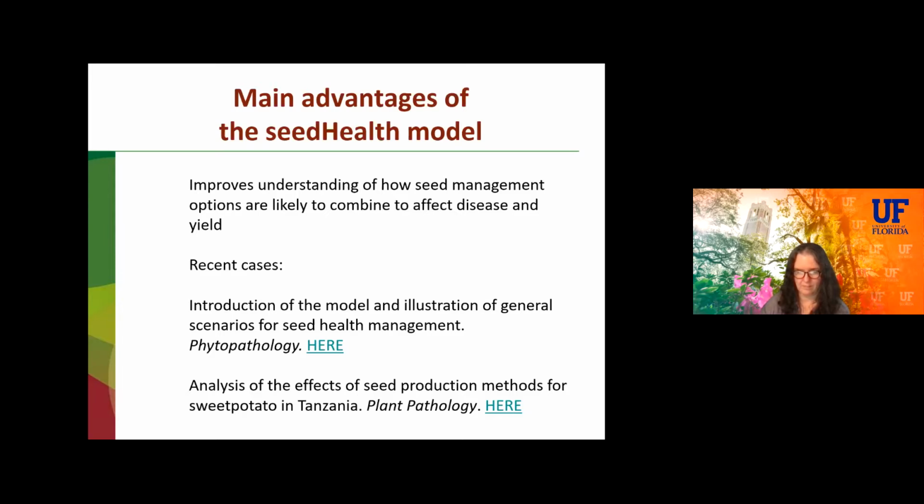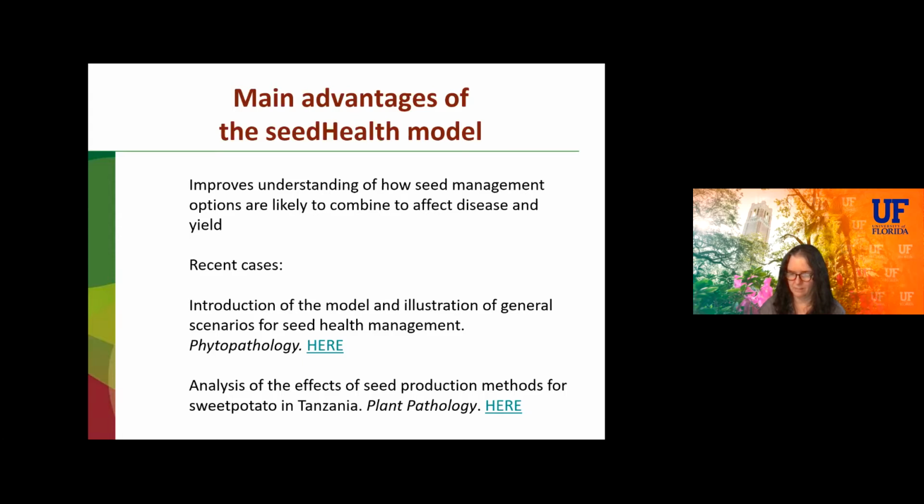Some recent cases that describe this are listed here with a link. First is an introduction to the model, describing how it was constructed and illustrating a lot of general scenarios for seed health management, showing how there are trade-offs in choosing among management strategies, that different management strategies might have similar effects, and that they are complementary as well.